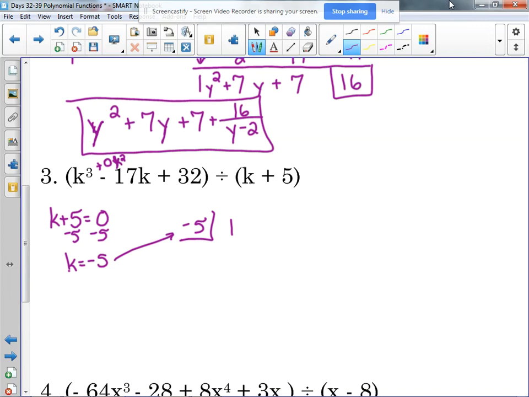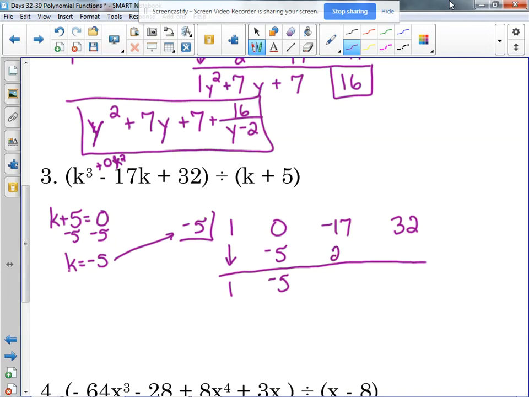K cubed has a coefficient of 1. K squared was missing, so we must put a 0 there. Negative 17, positive 32. Bring down the 1, multiply, 1 times negative 5 is negative 5. Add, 0 plus negative 5, negative 5.